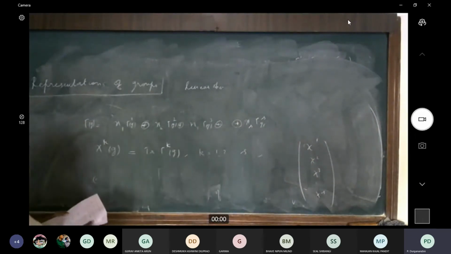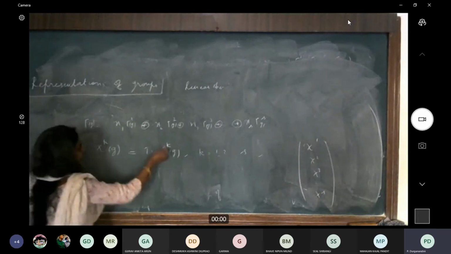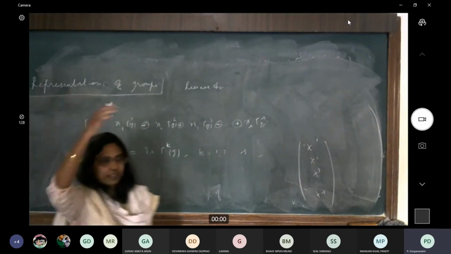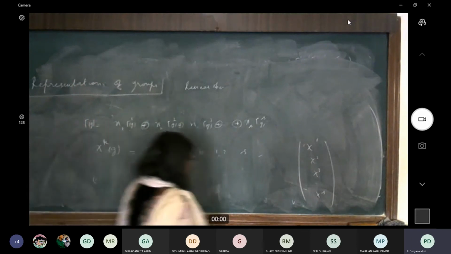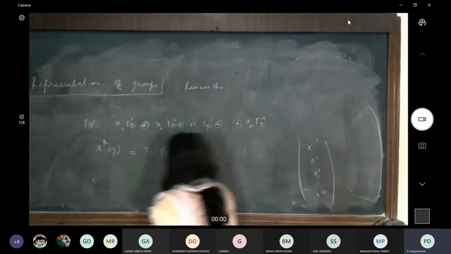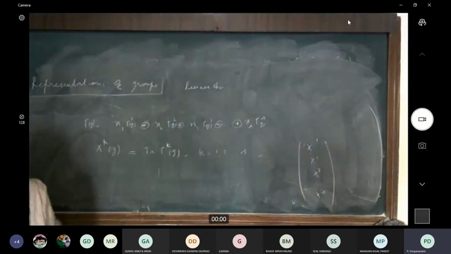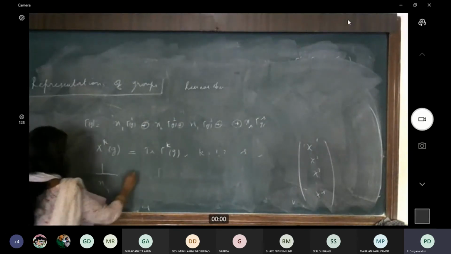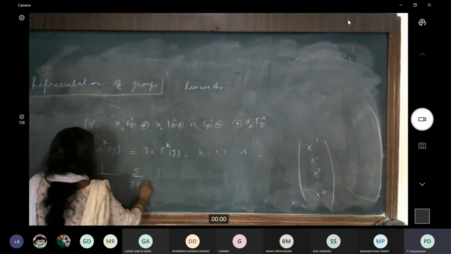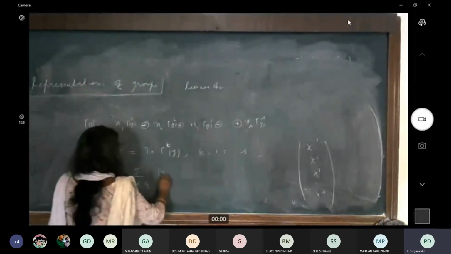And then for a finite group, you have a very interesting relation. Because this gamma is after all a matrix realization, it's just the matrix elements, and in general these can be complex also. There are some nice theorems which tell you this, for example, let me write it down.